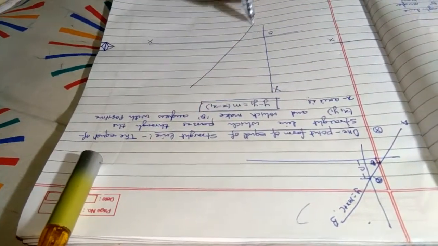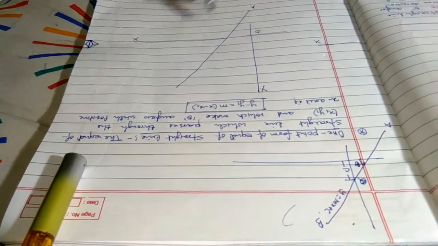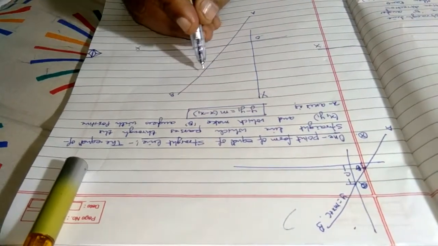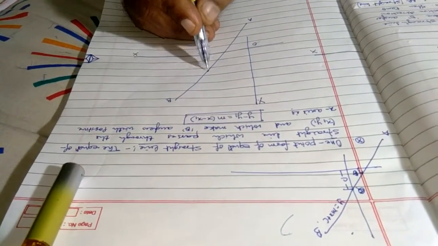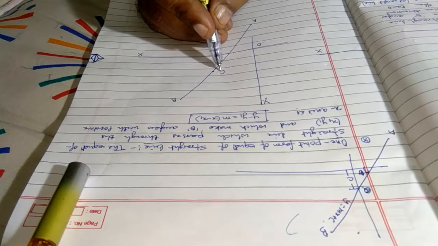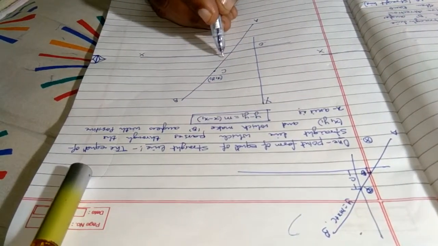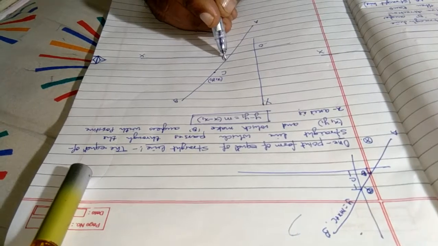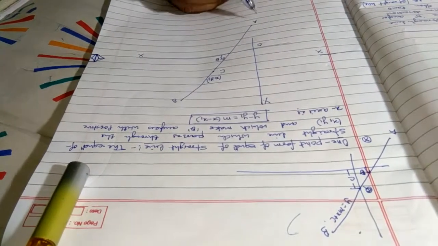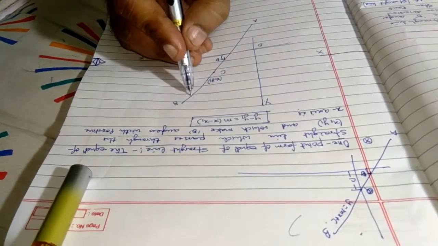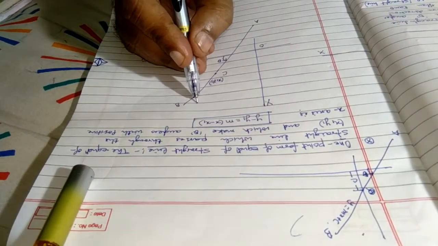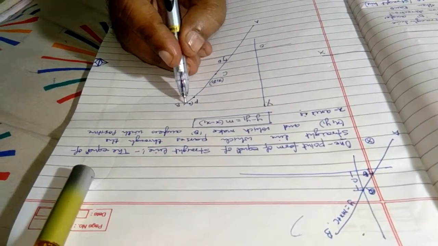Suppose a straight line AB passes through the one point I have taken, and that point is suppose C, and its coordinate is (x1, y1), and this straight line makes theta angle with the positive direction of the x-axis, and we are just taking a variable point or general point P(x, y).